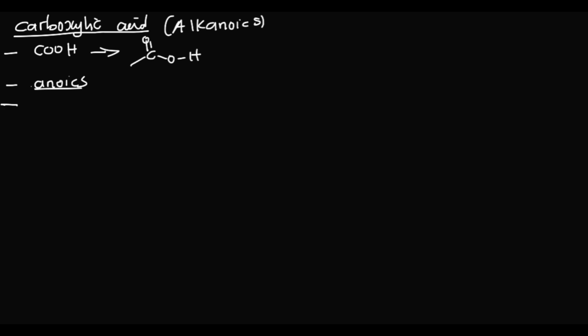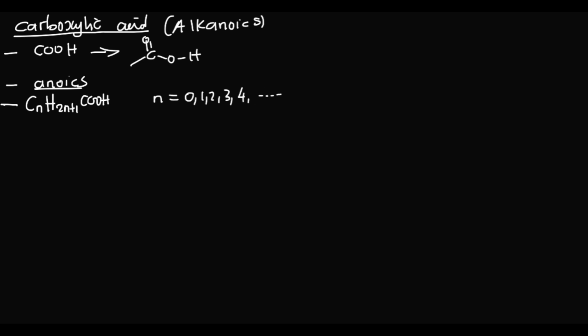Then we also have to look at the formula. So the formula is CnH2n+1 COOH. But this time the value of n starts from 0, 1, 2, 3, 4.